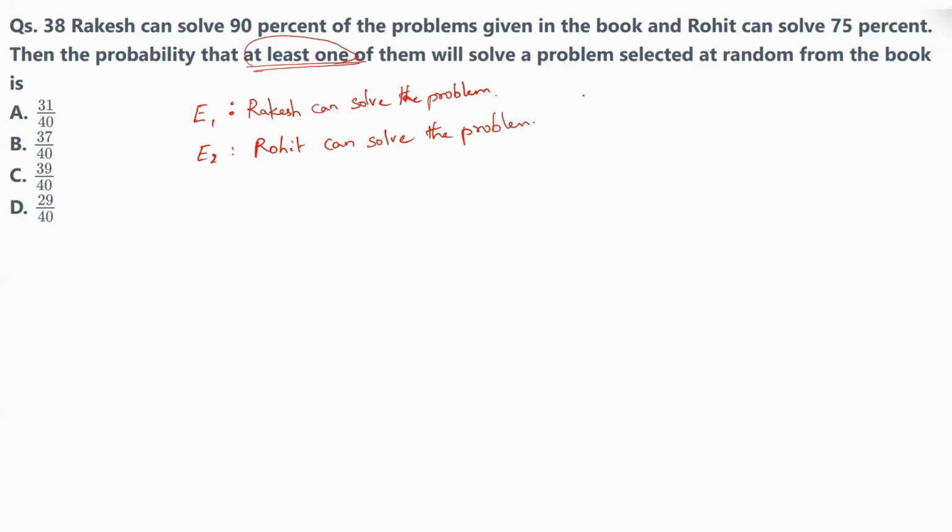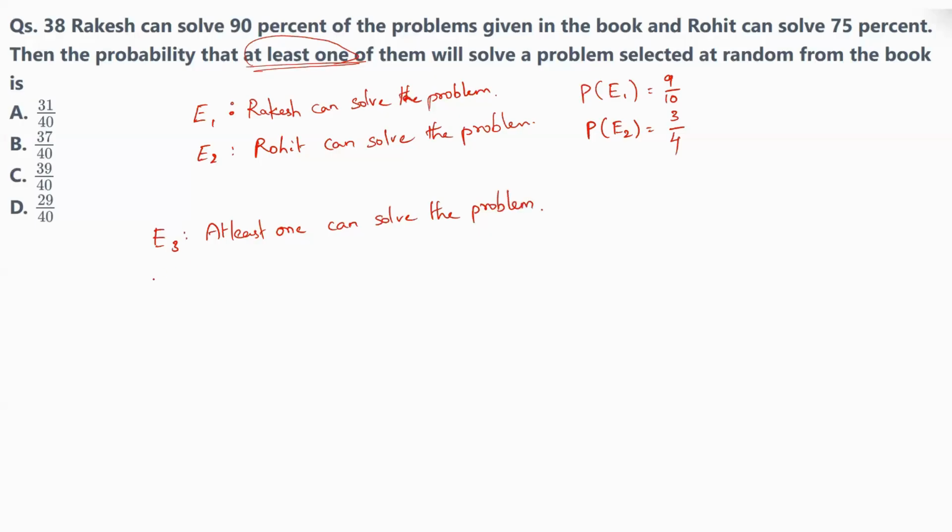We are given probability of E1 is 90% or 9 by 10. Probability of E2 is 75% or 3 by 4. Right? Now, what are we asked? E3, at least one can solve the problem.